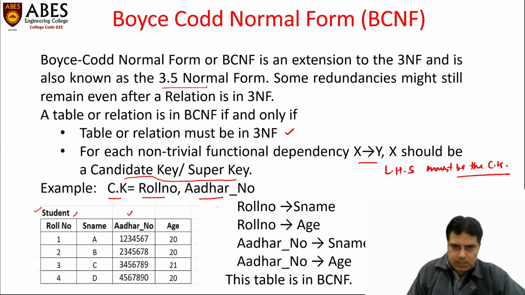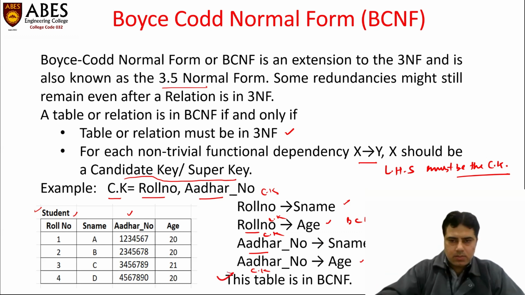Roll number determines student name, roll number determines age, Aadhaar number determines student name, Aadhaar number determines age. The left side is a candidate key in each case, so each is in BCNF. So we can say that this relation is in BCNF.